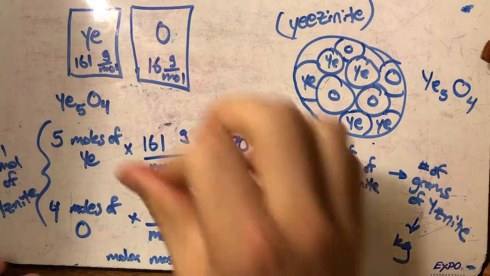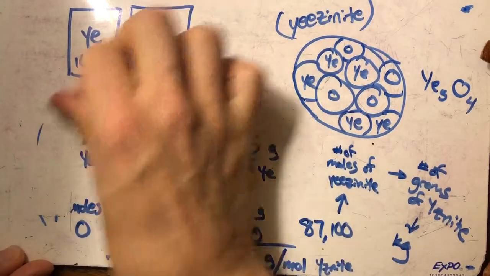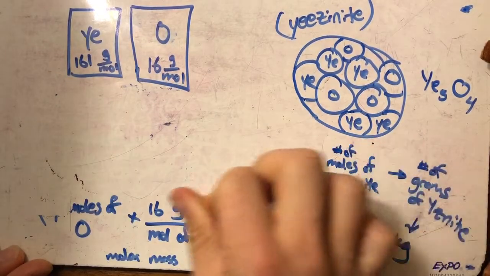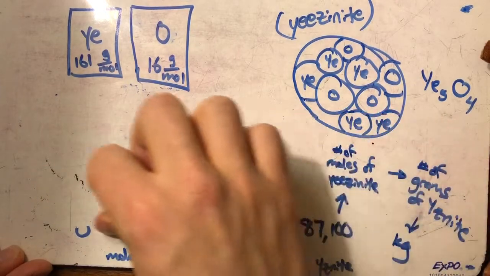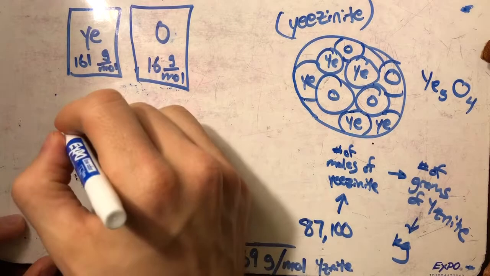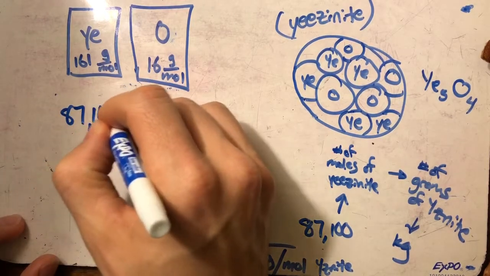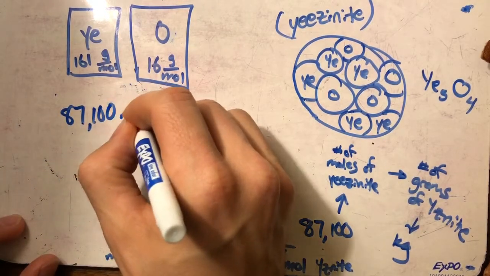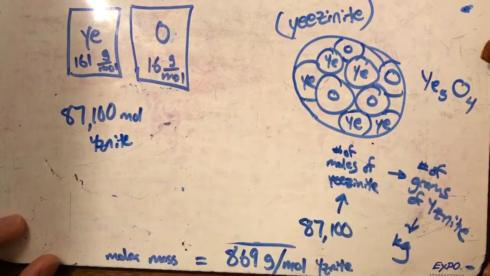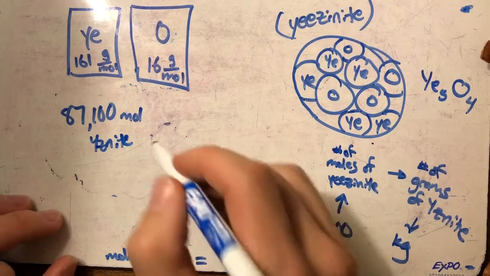So let's make some more space on the board here and do a little bit more math. Then we're almost done. Okay. So we have 87,100 moles of Yeezinite times our conversion factor right here, right?